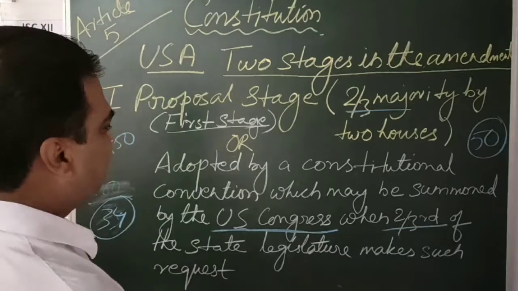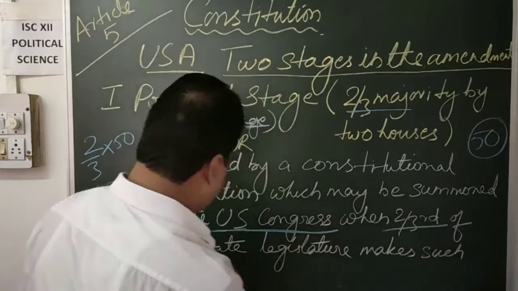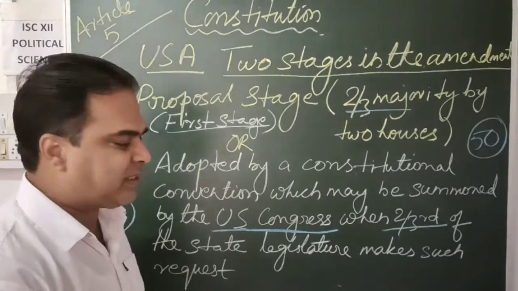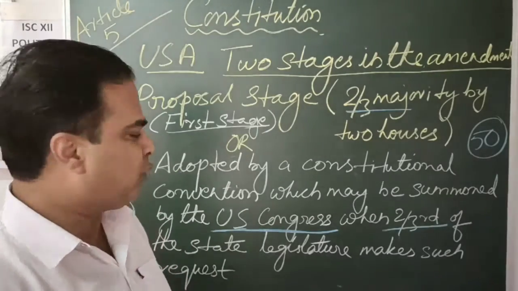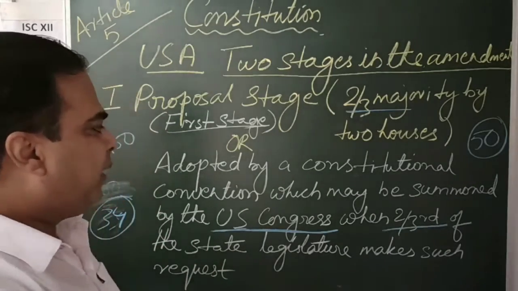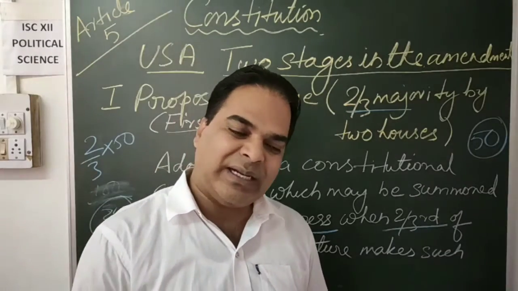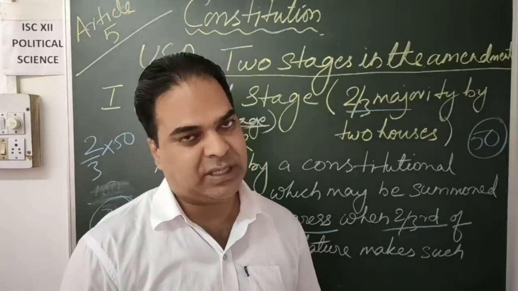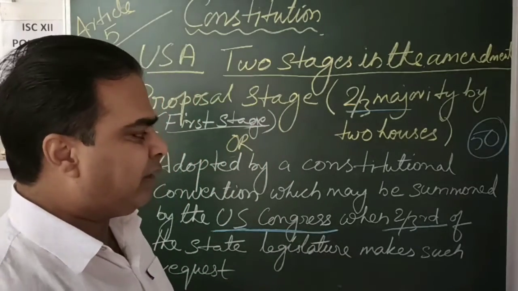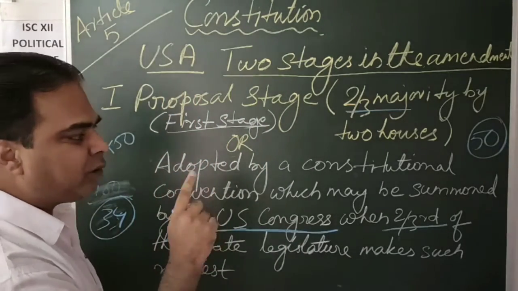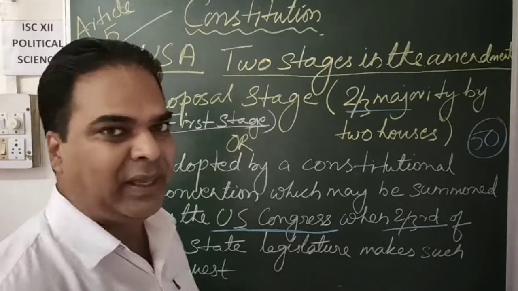The second option is that if two-third of the state legislatures make a request to the US Congress for an amendment in the Constitution of USA, that is also possible. How many states should agree with it? 34. Two-third of 50 will be 34.